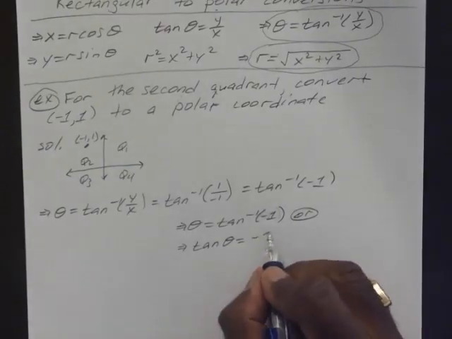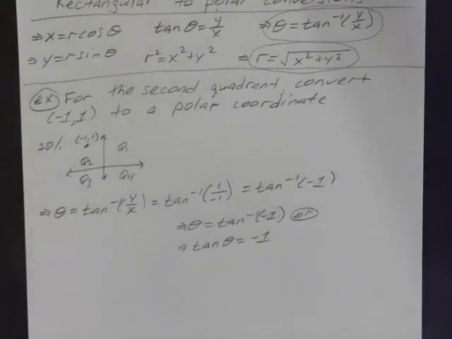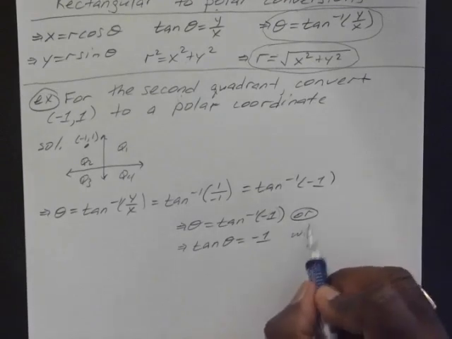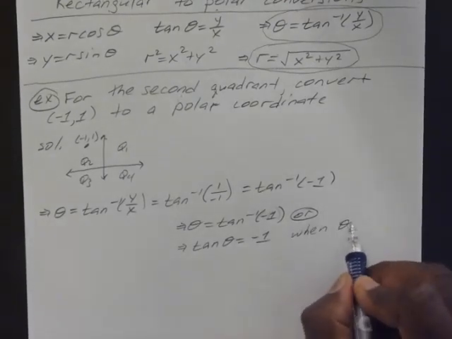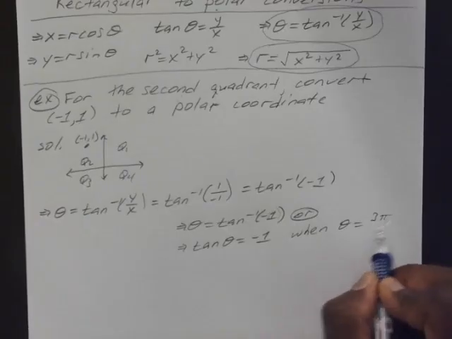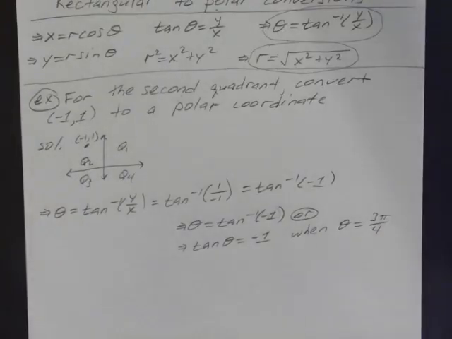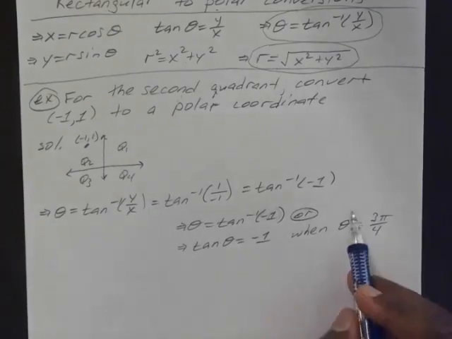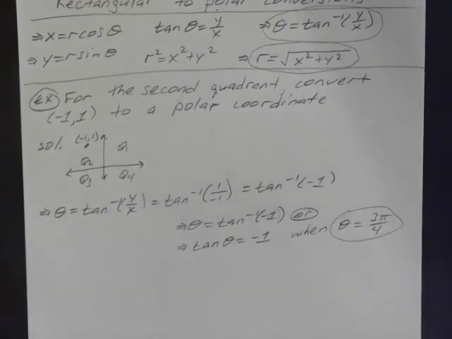So tangent of theta is equal to -1, and that's true when theta is equal to 3 pi over 4. Remember that theta has to be in the domain of your inverse tangent function.